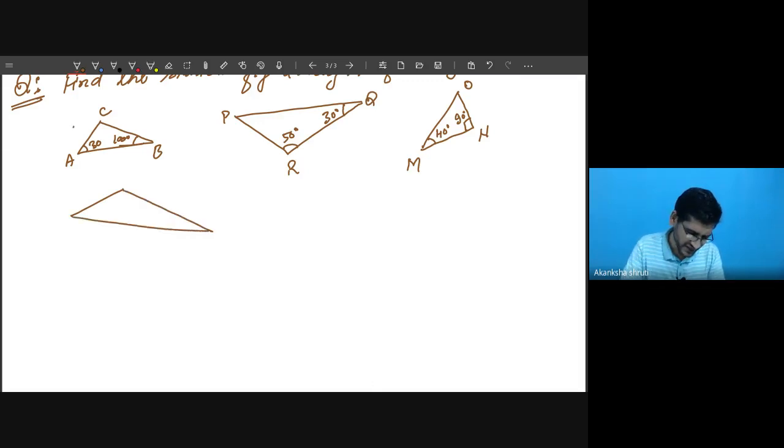So let me take this length as 2 centimeter, this length as 3 centimeter, this length as 4 centimeter.